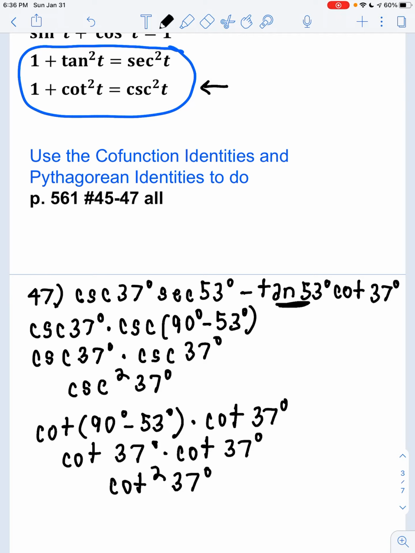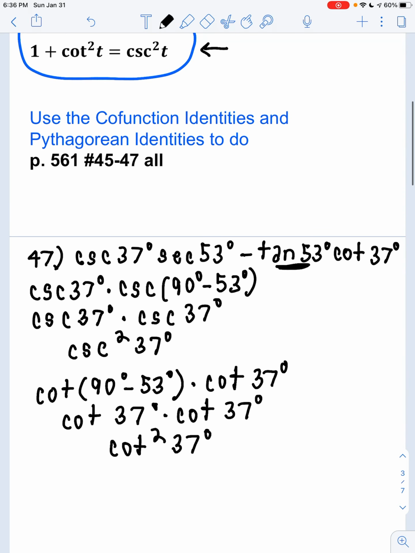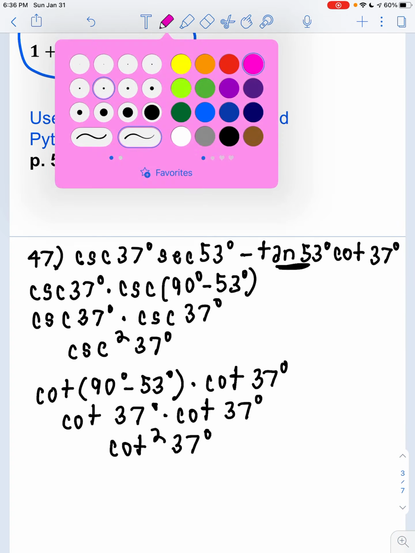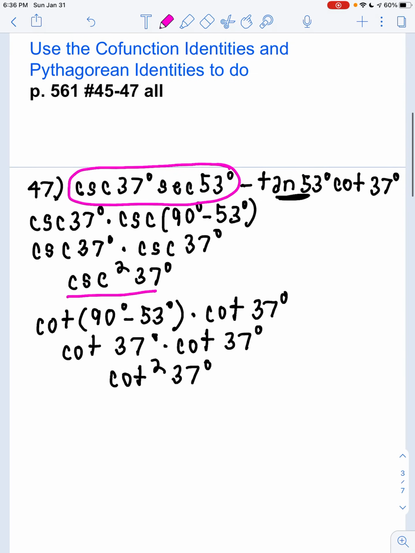Now, you might be thinking, why did I do that? Well, take a look at what I'm going to be able to write. I'm going to take this first quantity. Let me change the color of my pen. This, and be able to replace it with this.